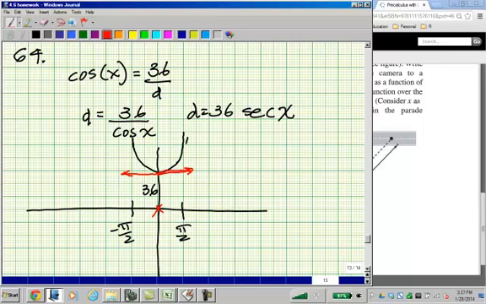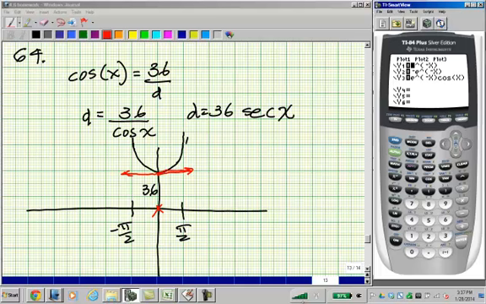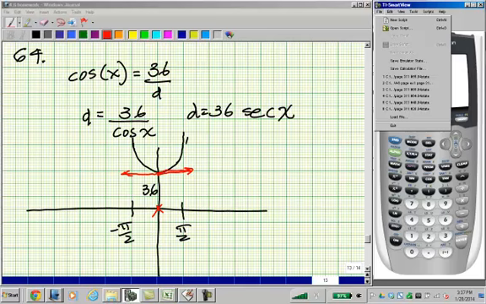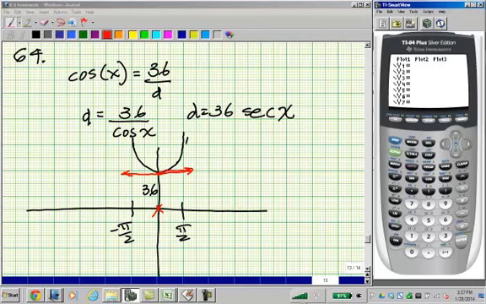So let's put this on the calculator just for the heck of it. Did I do it on the calculator? I wonder if I did 64. No, that's not 64.